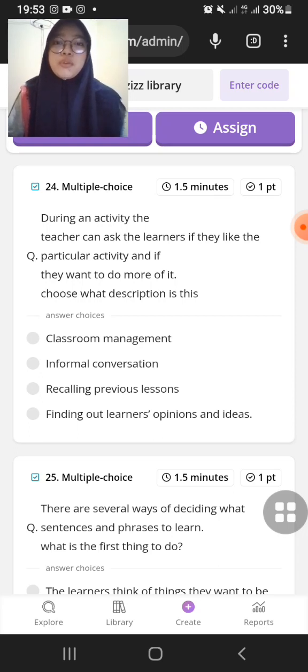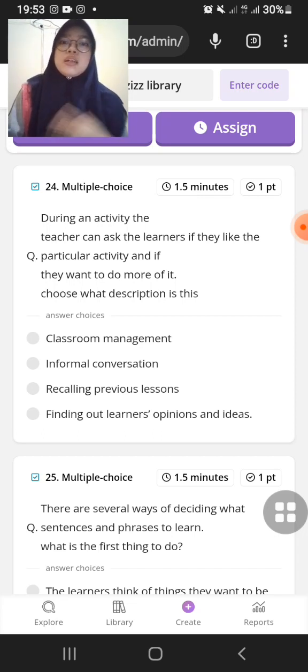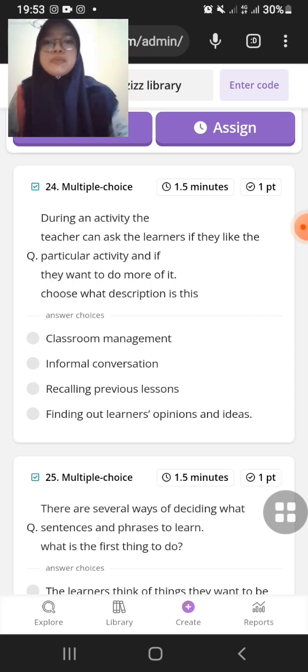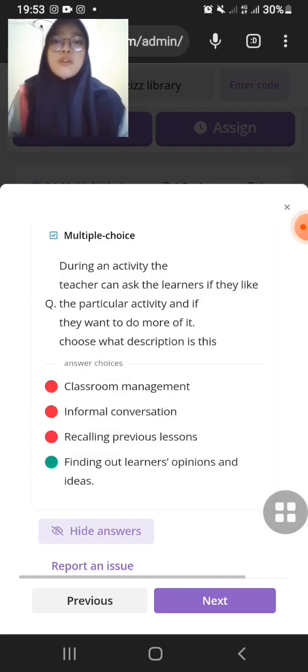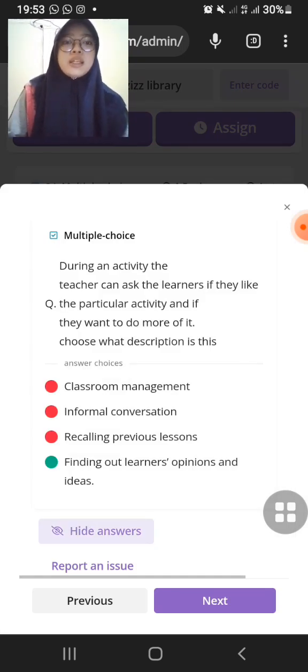Question number 24. During an activity, the teacher can ask the learners if they like the particular activity and if they want to do more of it. Choose what description this is. The answer is finding out learners' opinions and ideas.